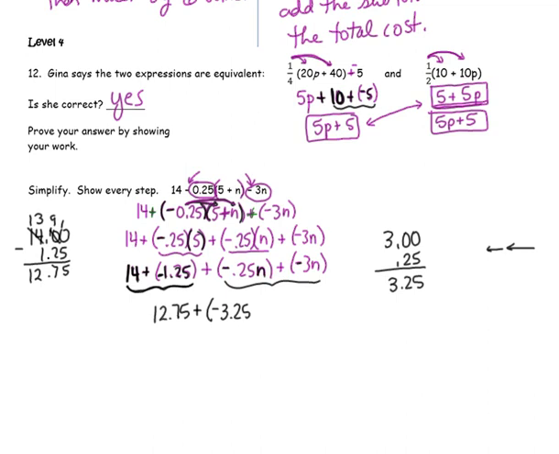And then remember the variable. I can reorder that because it is addition and put the term with the variable first. So I have negative 3.25n plus 12.75. Those are unlike terms and cannot be combined. So that is your answer in simplest form. That concludes the practice test.